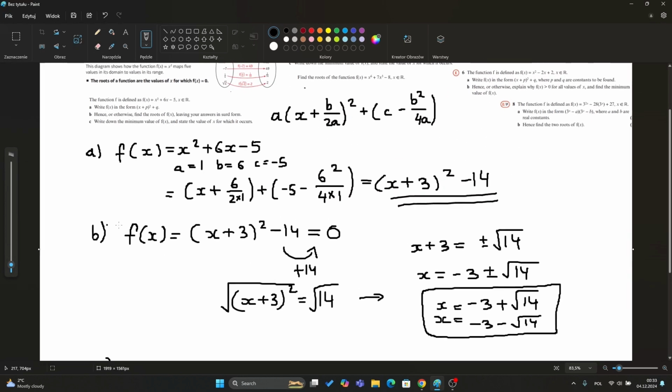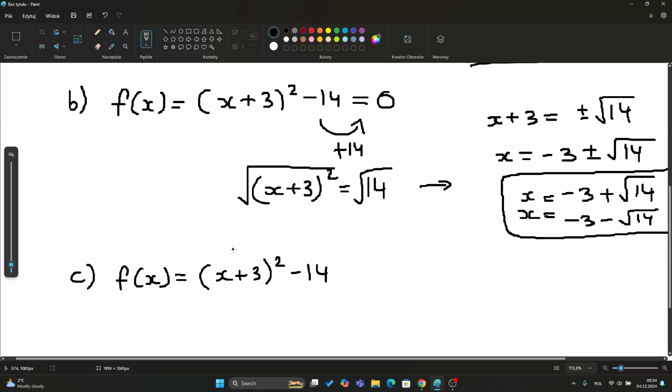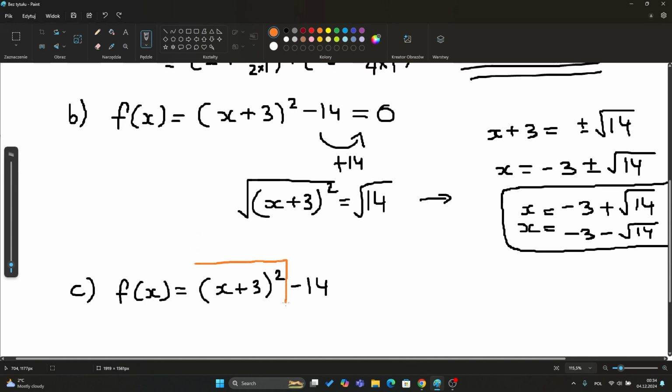Now for C. It says to write down the minimum value of f of x and state the value of x for which it occurs. This is after we complete the square. So we have to make sure that this expression is the lowest possible. So this part here will always be positive because it's squared.